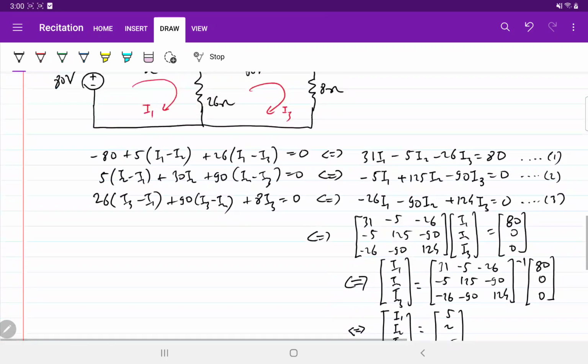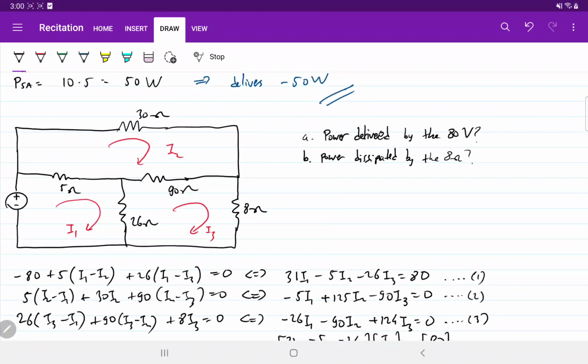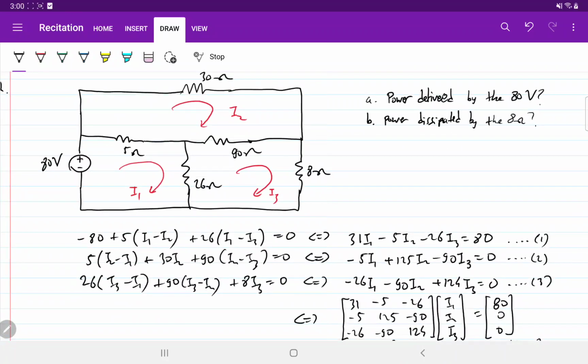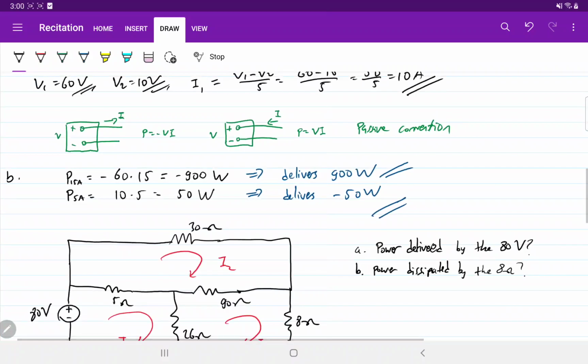Now we go back and look at the questions. The first question is, how much power is delivered by the 80-volt voltage source? Okay, we know that I1 is going in that direction, right? So it's going out. So we are using this equation.